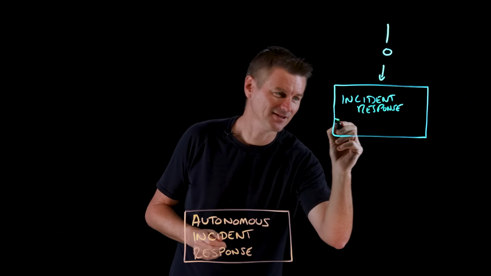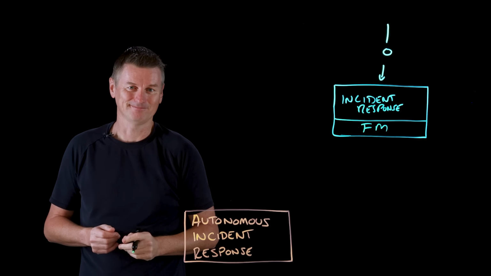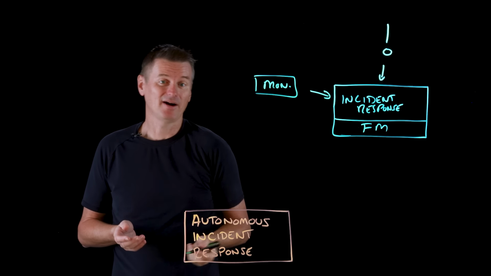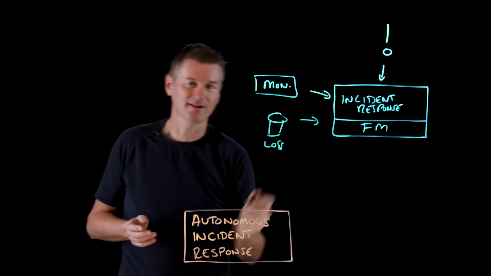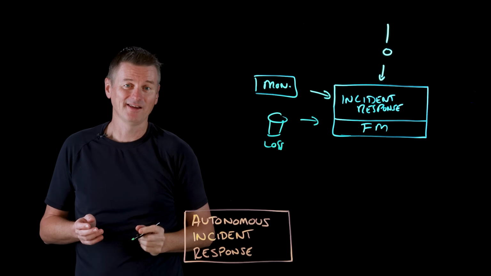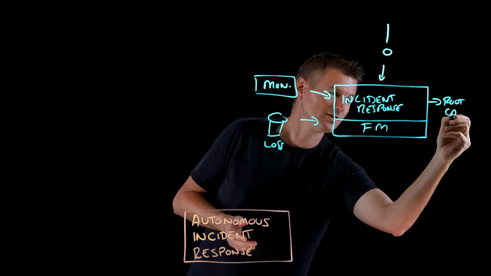And the incident response system is, of course, running on a frontier model. Now, the frontier model needs to query a bunch of things. So it might query into a monitoring system, and it might need to check some logs in order to be able to process what is going on across multiple services. Then it's going to need to be able to identify the root cause of what's going on.